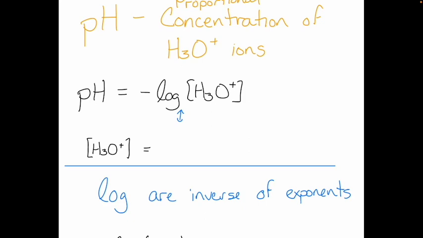If we reverse this equation, our hydronium concentration would be 10 to the negative of that pH. So again, if we know hydronium ion concentration, we can always find pH and vice versa. If I'm given a pH, I can calculate what the hydronium concentration is. These are one and the same pieces of information, just restated.